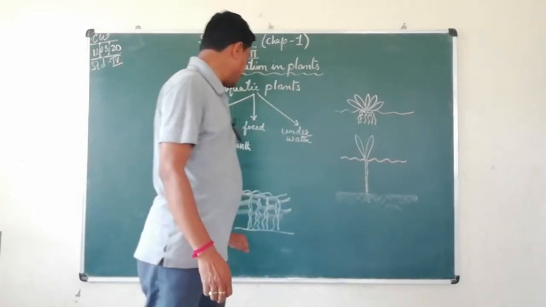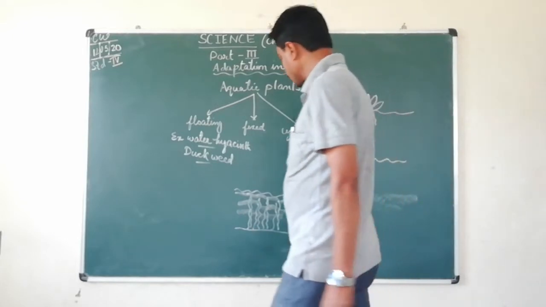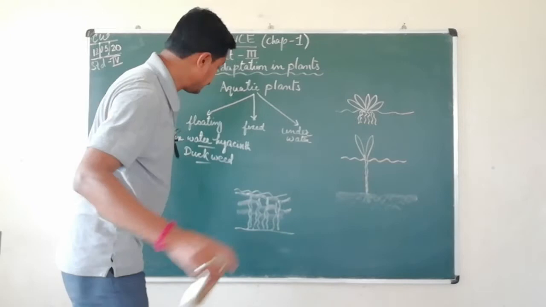Now what about the fixed plants? The examples of two fixed plants are lotus and water lily. Let me rub the blackboard.